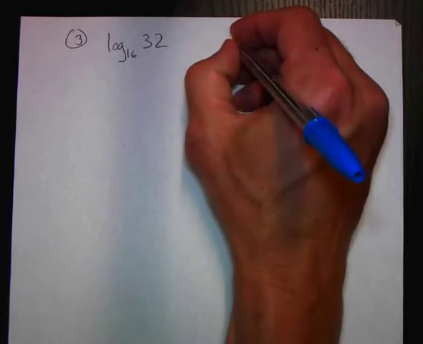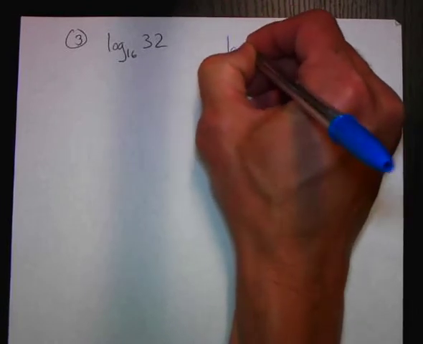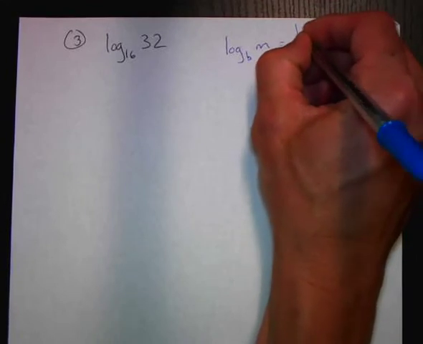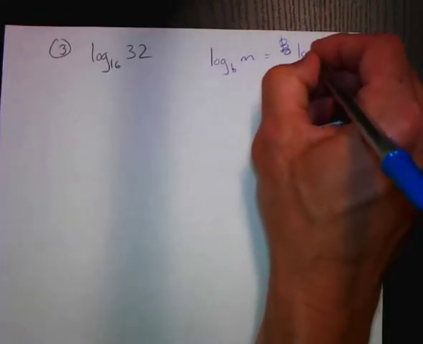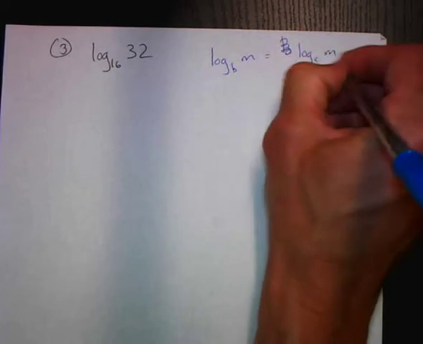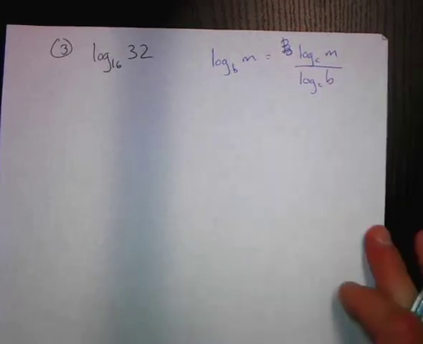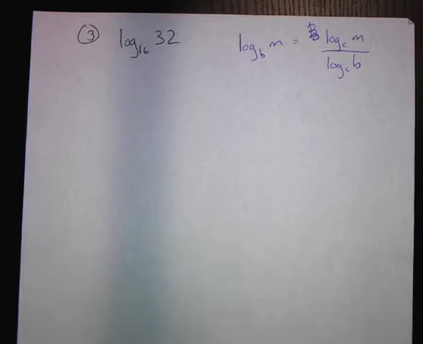Here's the deal. If we know the change of base formula, we know that log base b of any logarithm is log of any new base over log of the same new base of the old base. So we could break that up using any new base. We have to think of what base would work for 16 and 32.